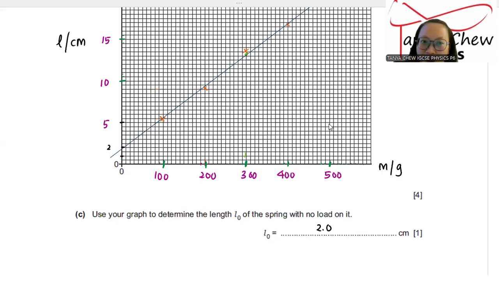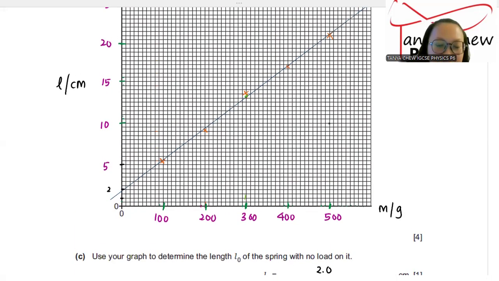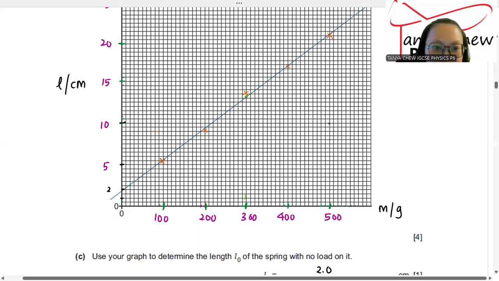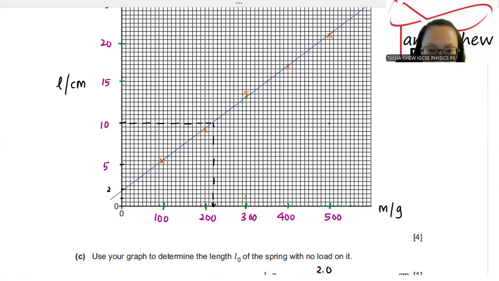Back to the graph, when the length is equal to 10 cm, just look at 10 cm. This is the length, right? Show on the graph what is the value. The value that I got is here exactly. This is 200, 210, 220 grams. So the mass mx is 220 grams. That's it.